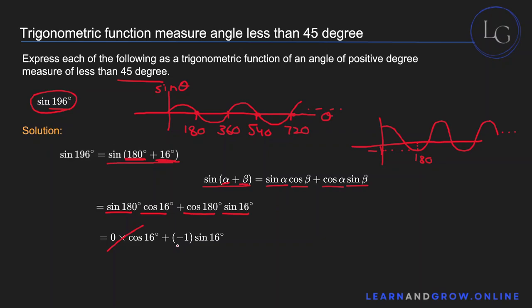So -1 into sine 16. And eventually that gives you negative sine 16. So you've expressed sine 196 as a trigonometric function of an angle that is less than 45, because 16 is less than 45.